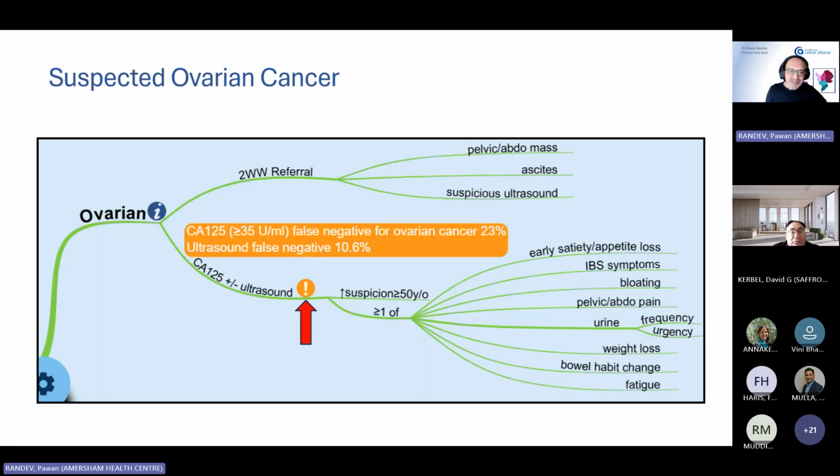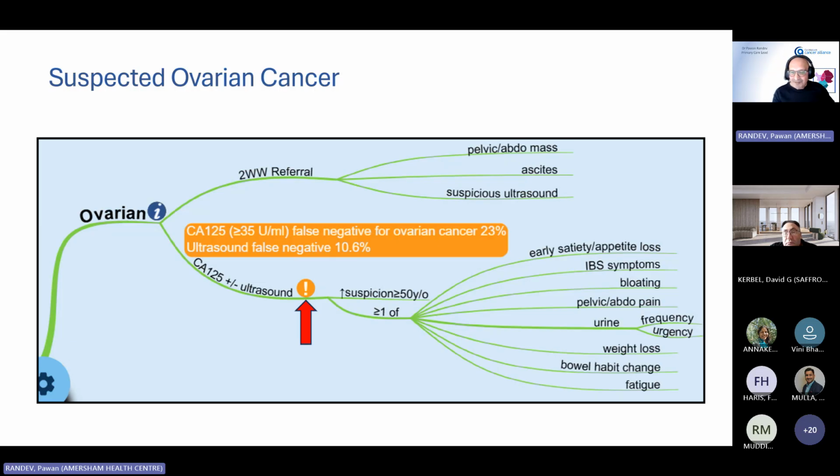So I'm just going to stick with the cancer maps, but this time I'm going to look at a different scenario, and I'm going to look at the role of the CA125. And if you look towards the right-hand side, lower part of the box, those are the symptoms that typically should trigger us to consider possible ovarian cancer. And you can see IBS symptoms, bloating, abdominal pain, bowel habit changes, weight loss.